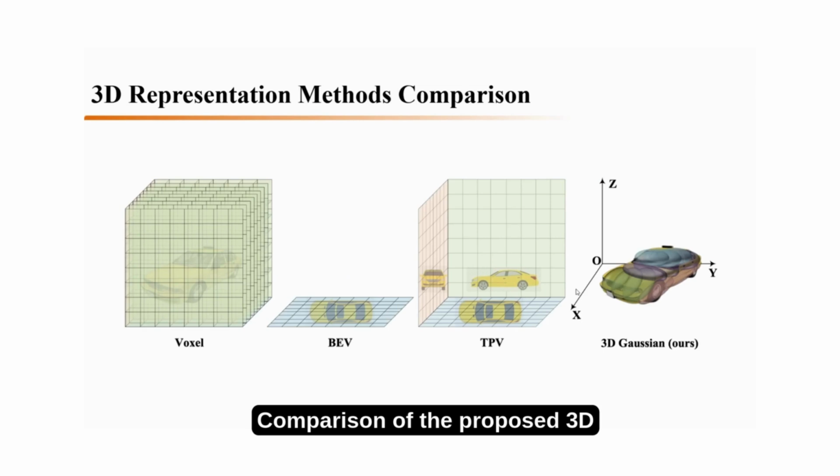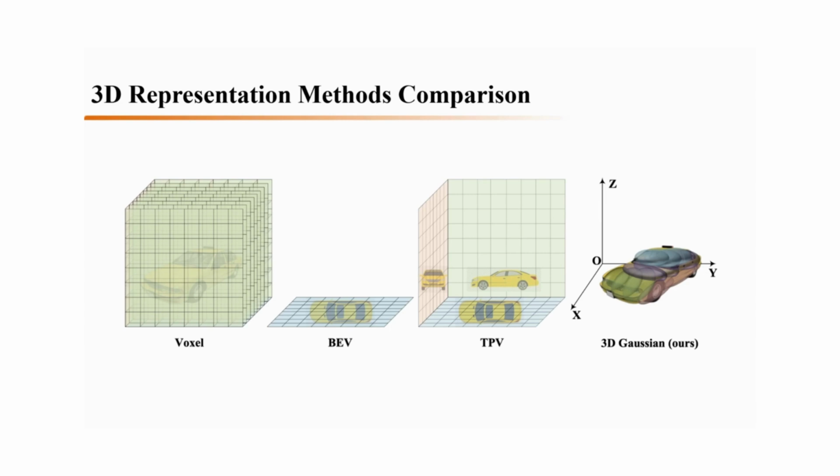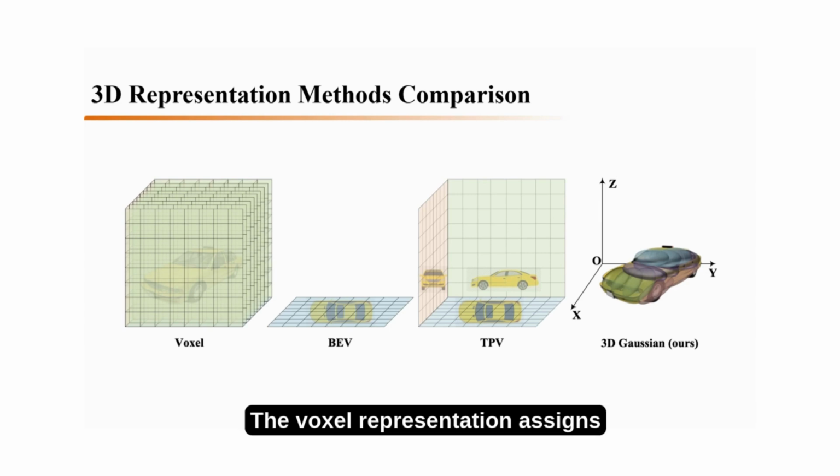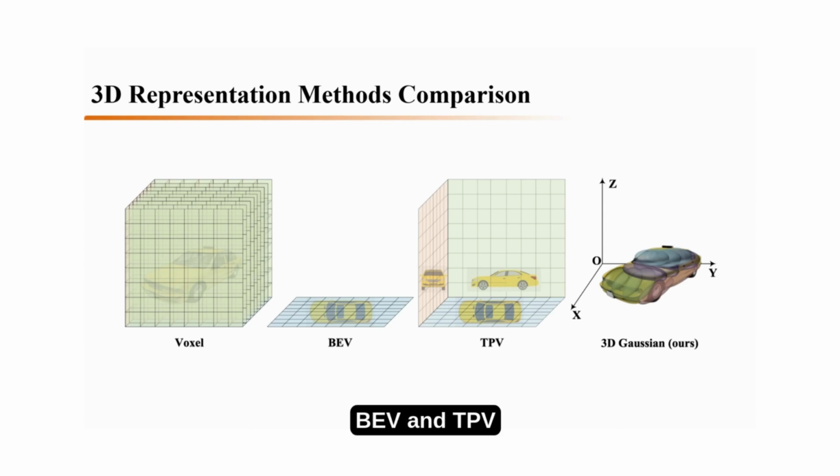Comparison of the proposed 3D Gaussian representation with existing grid-based scene representations. The voxel representation assigns each voxel in the 3D space a feature and is redundant due to the sparsity of the 3D space. BEV and TPV employ 2D planes to describe 3D space but can only alleviate the redundancy issue.